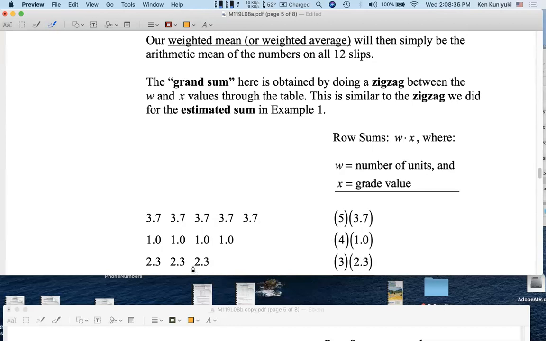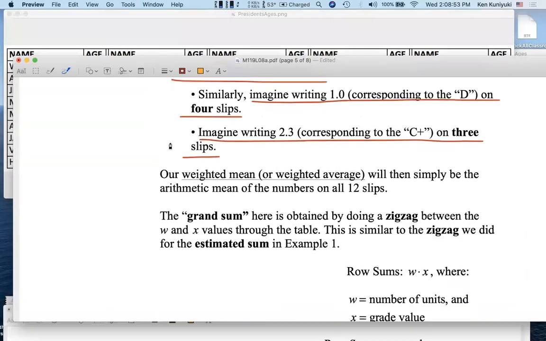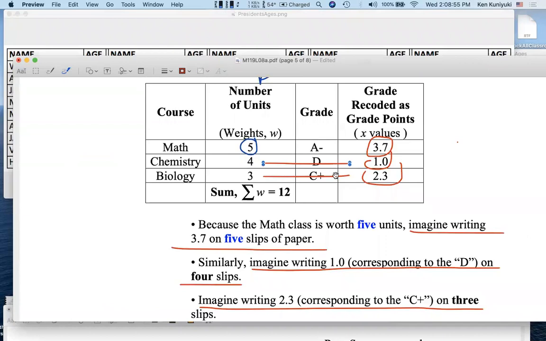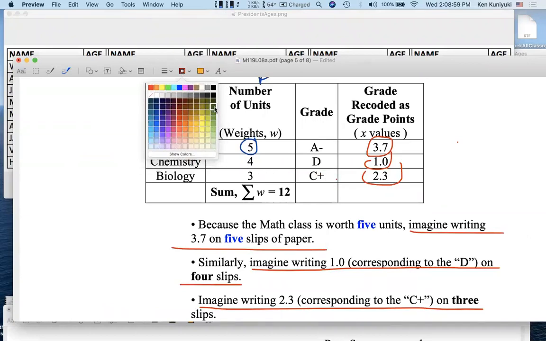For your biology class, 3 times 2.3, or 6.9, those are your total grade points from your biology class as we calculate the grand sum. So the grand sum here is obtained by doing a zigzag. So here's the idea behind the zigzag. We've seen this before, and we'll see it again.